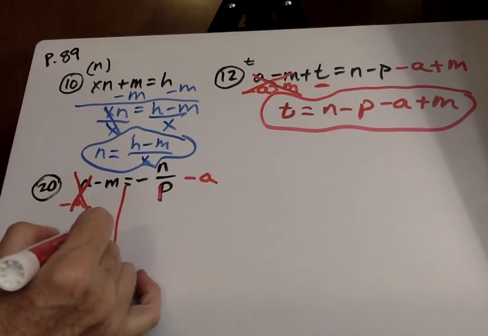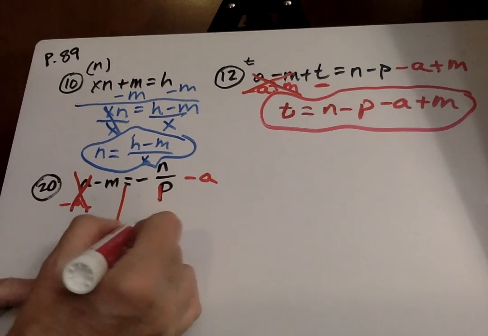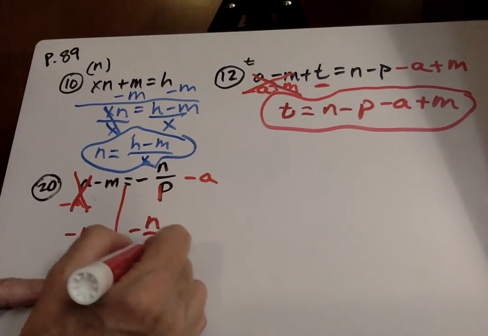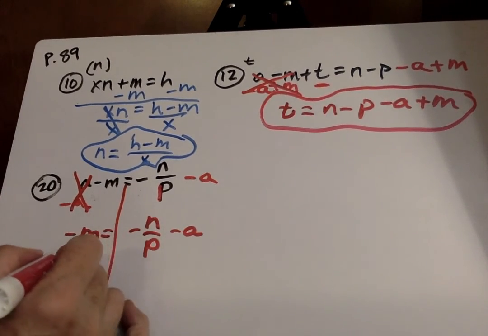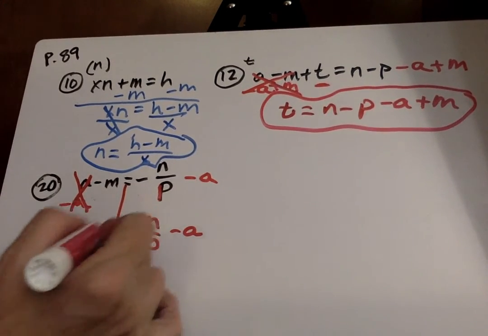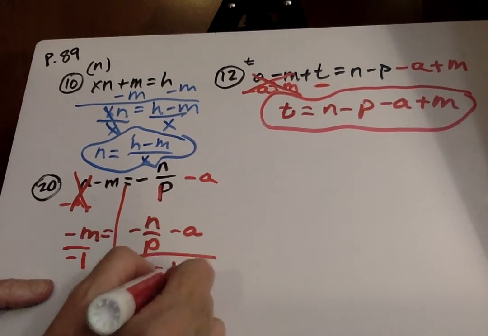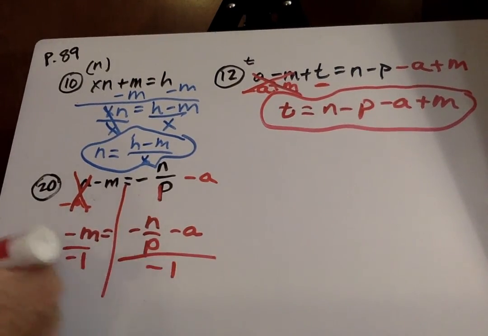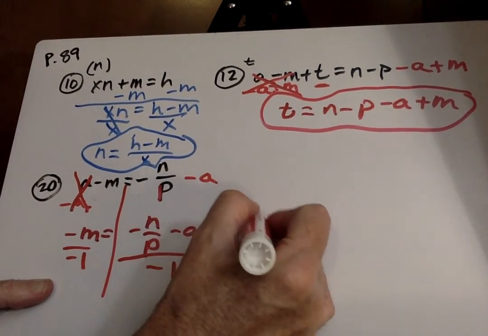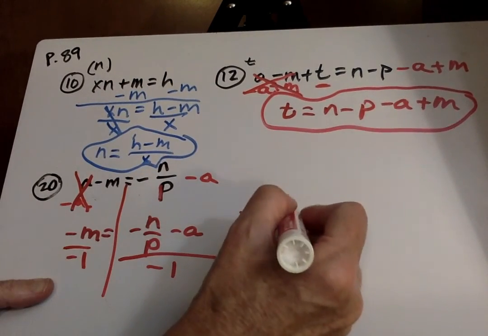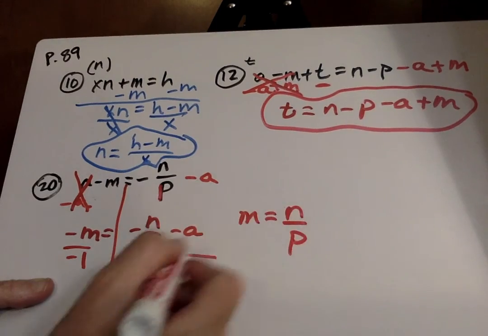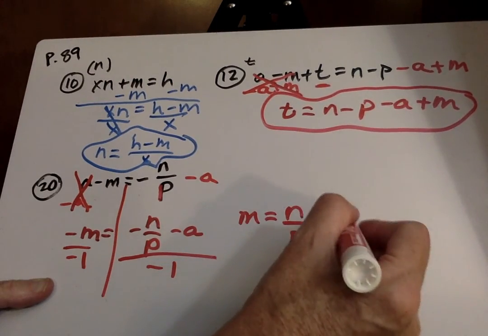So now I have negative m equals negative n over p minus a. Then I divide by negative 1, which basically just switches all the signs. So m equals, now this negative n becomes positive n over p, and minus a becomes plus a.